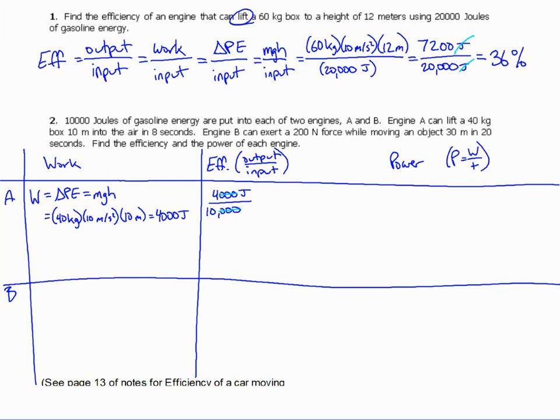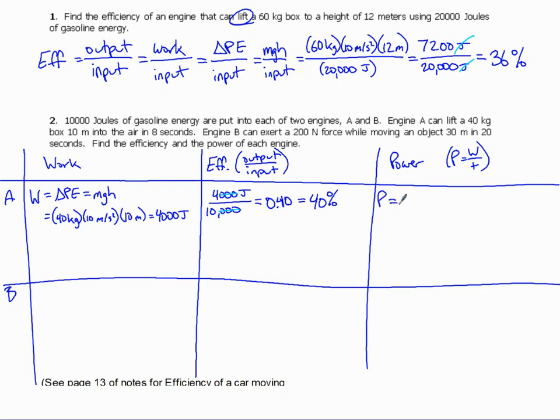Really, it's 4 over 10. And let's make that a percentage. 40% efficient. 40% efficient is not that bad. Better than the car, better than the engine in example 1, so it's all right.